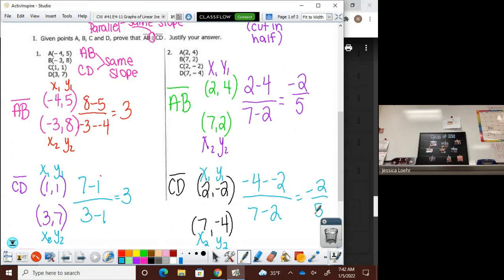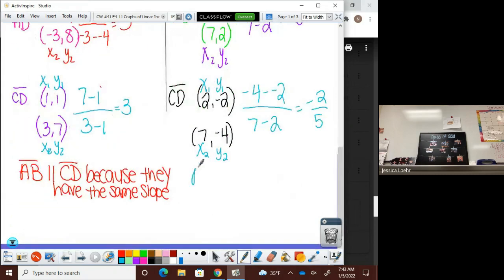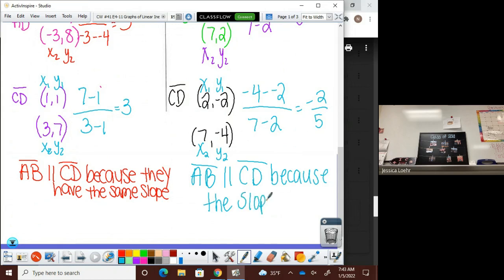So you're proving it by doing the math. And that's why you're writing a sentence at the end to sum everything up. Okay? So again, AB is parallel to CD because the slopes are equal. Either one of these is okay.